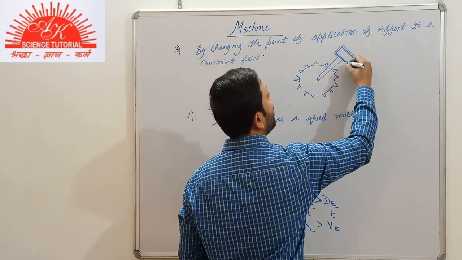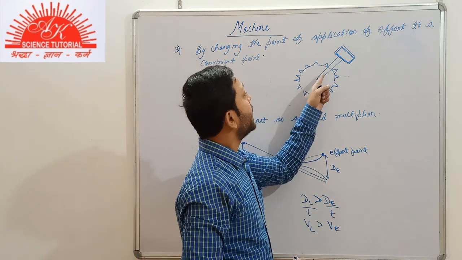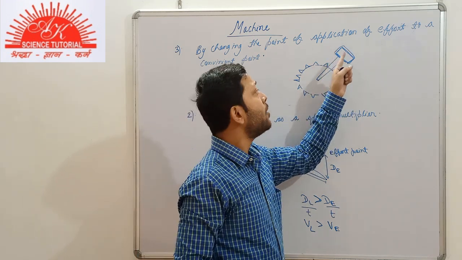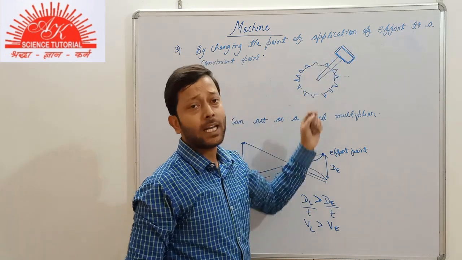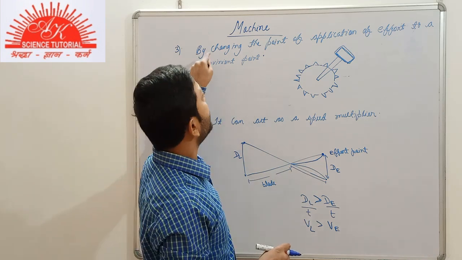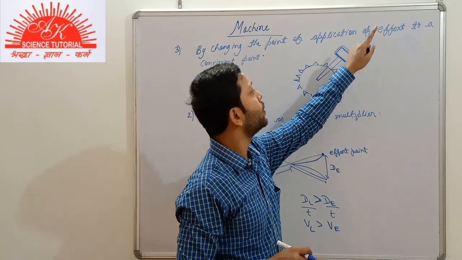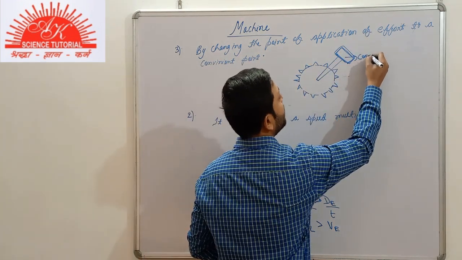So we apply the effort at a more convenient point. So the pedal is also a simple machine, and it changes the point of application of effort to a convenient point.